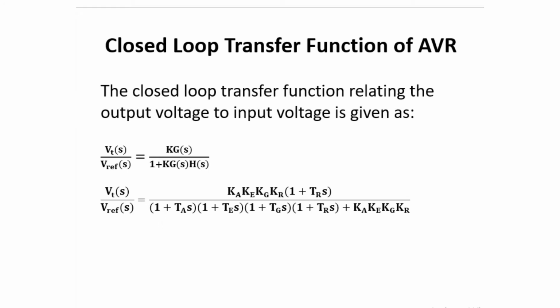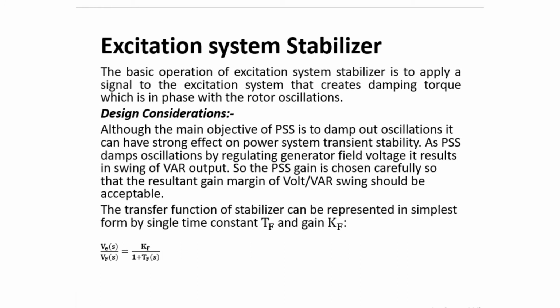Now students, next we will use the excitation system stabilizer. Why is there a need for the excitation system stabilizer? Automatic voltage regulators are found extremely suitable for the regulation of the generated voltage. You have already seen that through the excitation control we can control the terminal voltage.